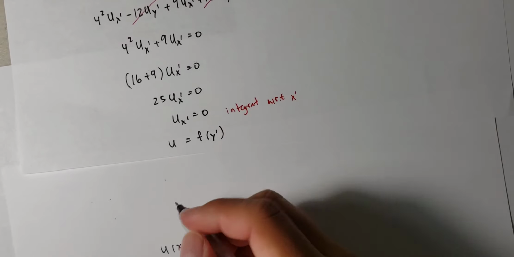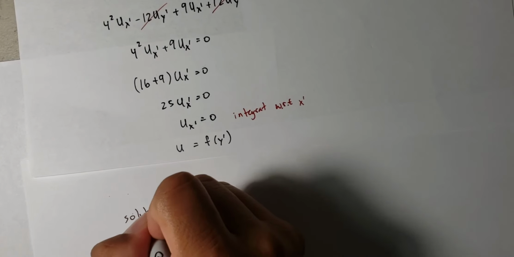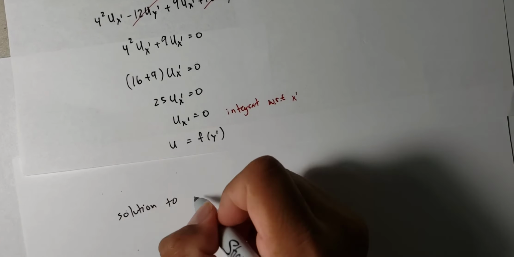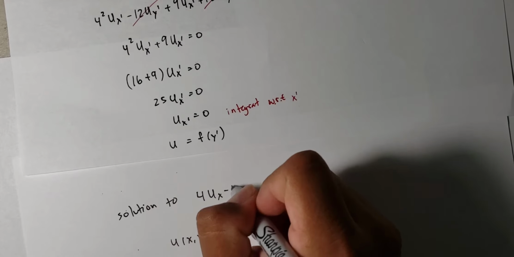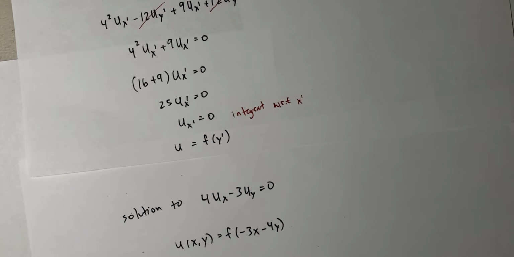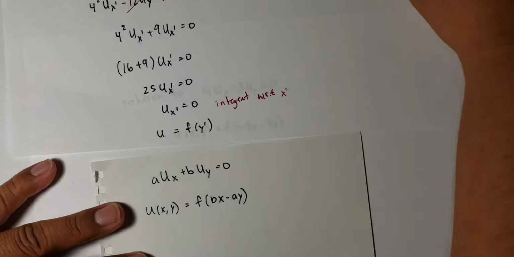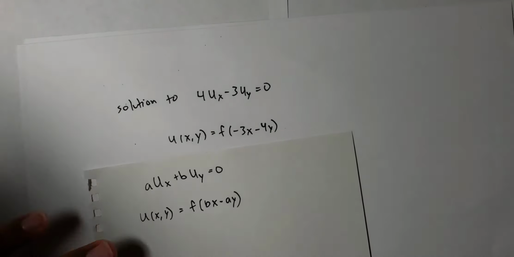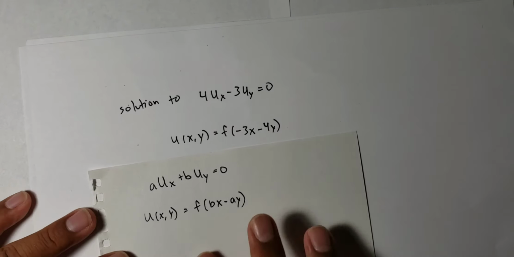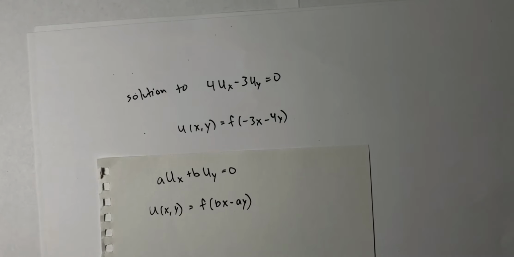That is the solution for 4 u of x minus 3 u of y equals 0. And if we recall earlier, we said that the solution to any of these would be the same form. It does make sense if you think about it for a second.